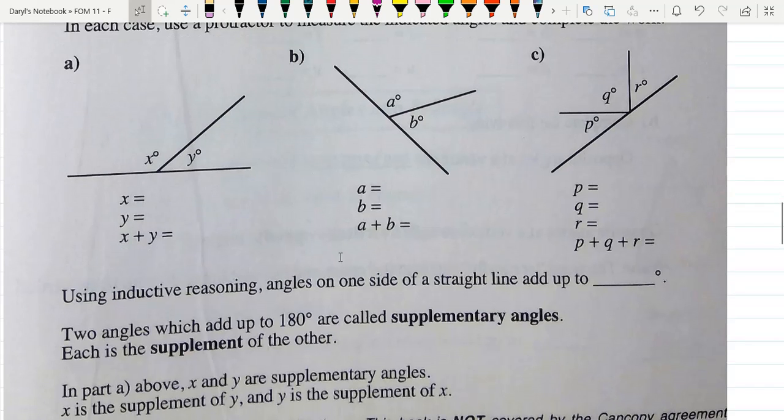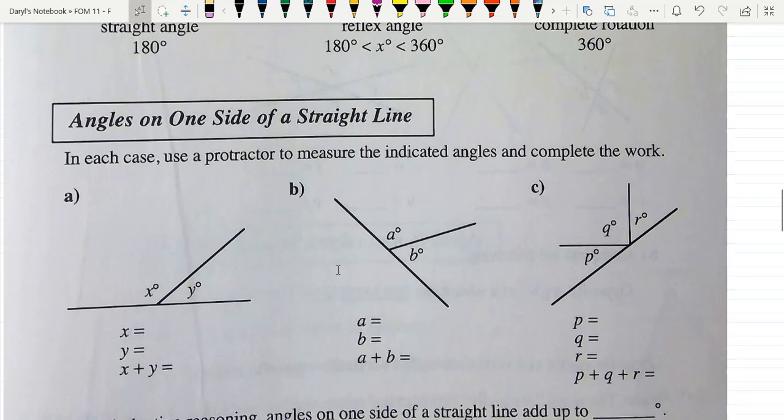So this time, as an exercise before you proceed watching the video, I want you to do this part here. With the use of a protractor, you try to measure the following. So you try to measure this angle here.